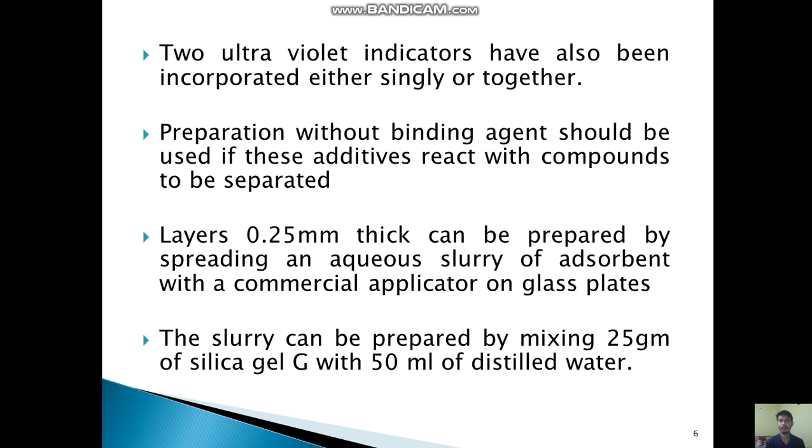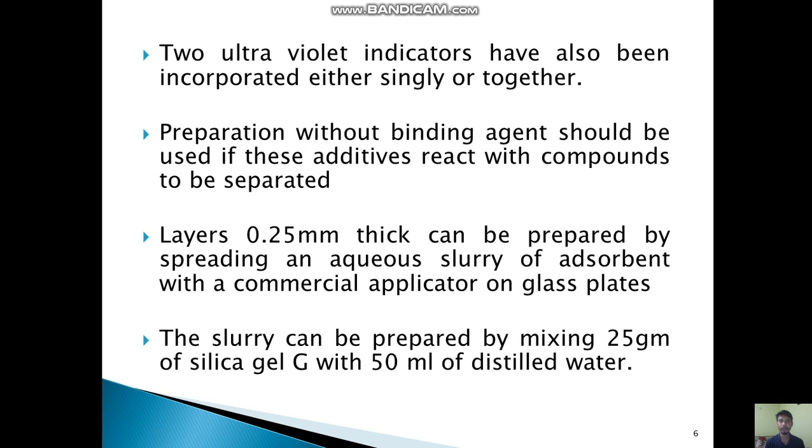Then ultraviolet indicators have also been incorporated, either singly or together sometimes. And preparation without binding agent should be used if these additives react with the compound to be separated. If the compound reacts with the silica, then we cannot use this binding agent.